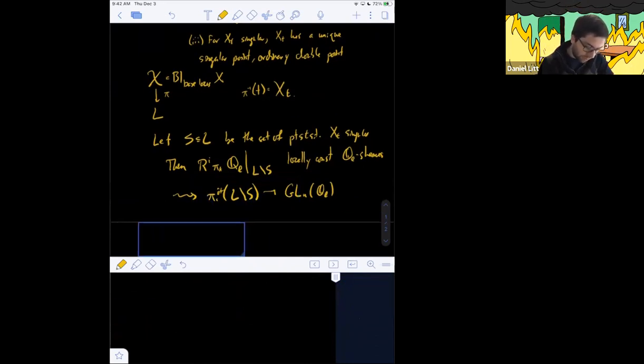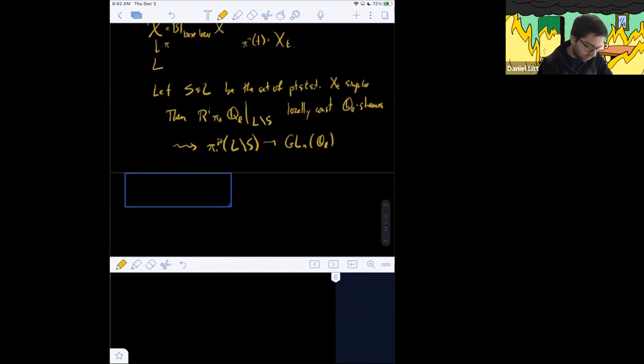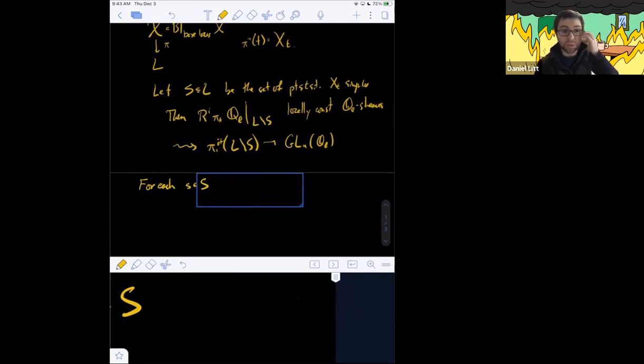So let me answer Ben's question now. For each s in S, you get an inclusion. You can take the complete local ring of P1, since L is a copy of P1, at s, and take its fraction field.